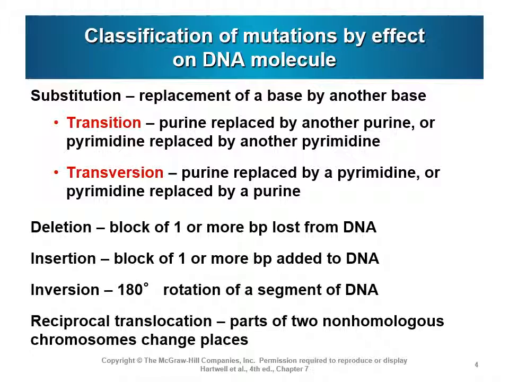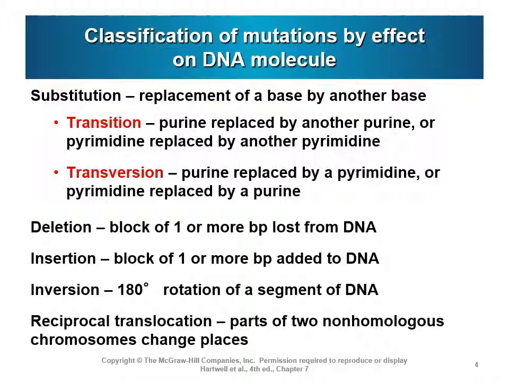There is another type of mutation, the second one that we mentioned, the deletion, where one or even more base pairs are lost from our DNA sequence. The third type, insertion, is the mutation where one or more base pairs are added to the original DNA sequence.